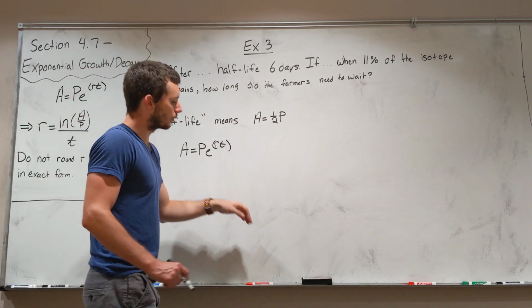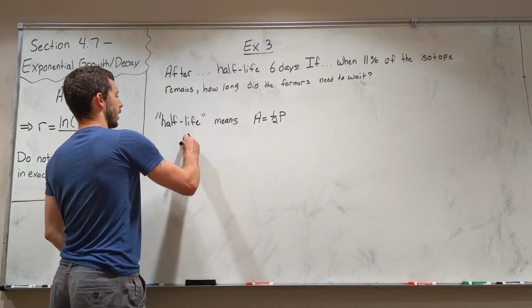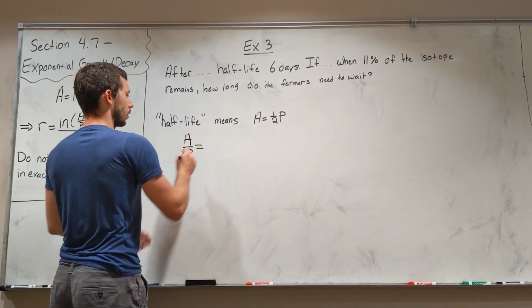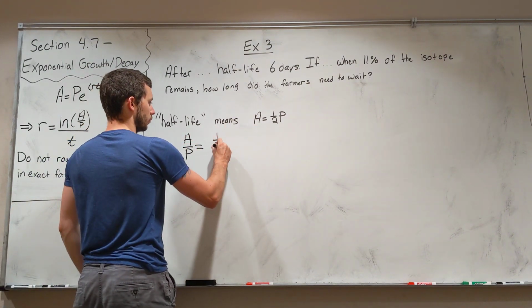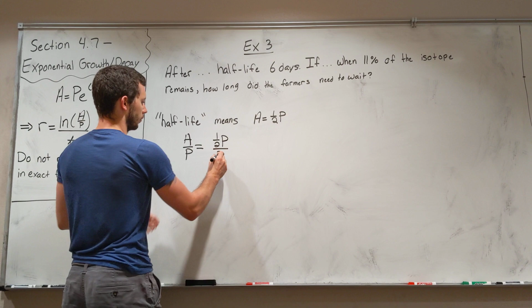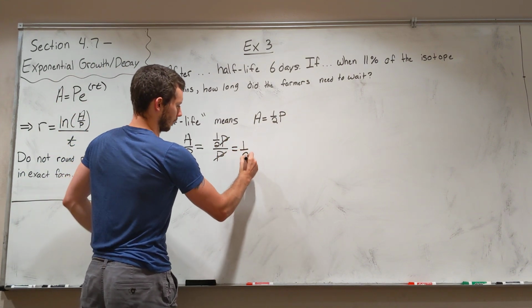So if we think about A divided by P, well, I just said that A is 1/2 of P divided by P itself, and you get 1/2.